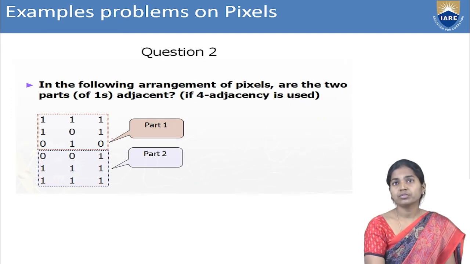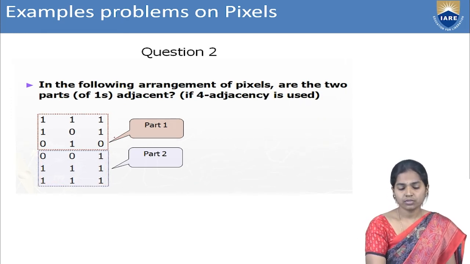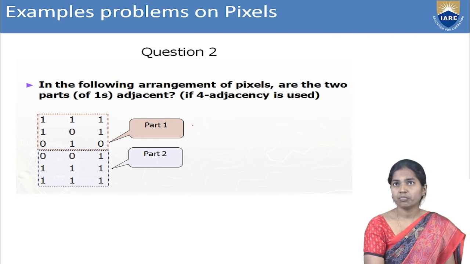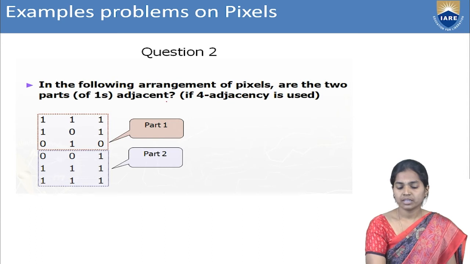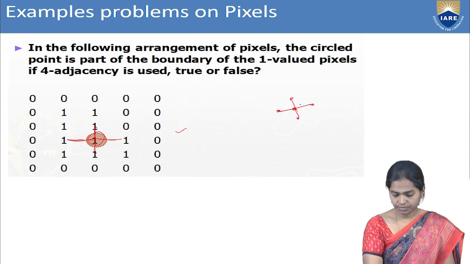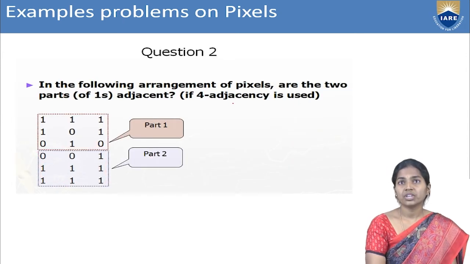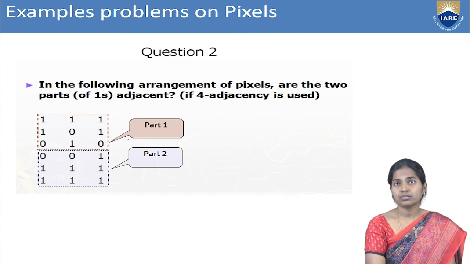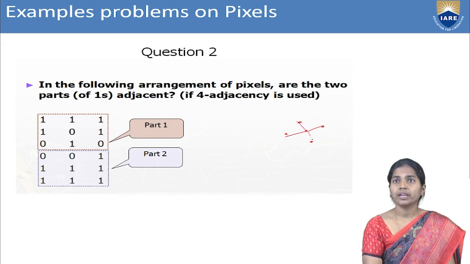Here it is also with the use of 4 adjacency. In the following arrangement of pixels, are there two parts of ones if 4 adjacency is used? 4 adjacency means left side, right side, top and bottom.